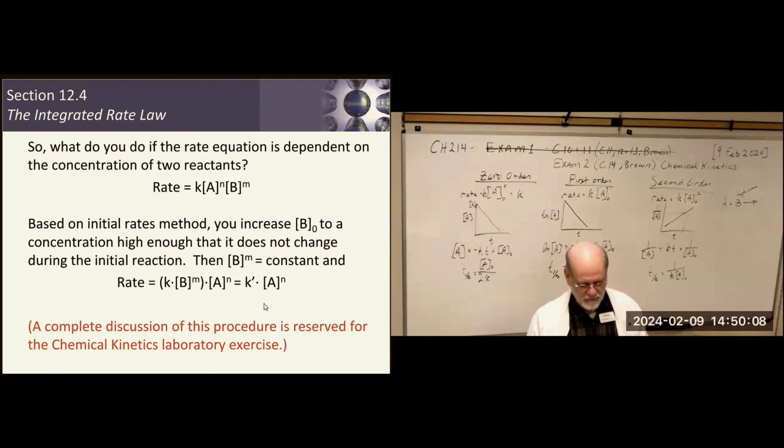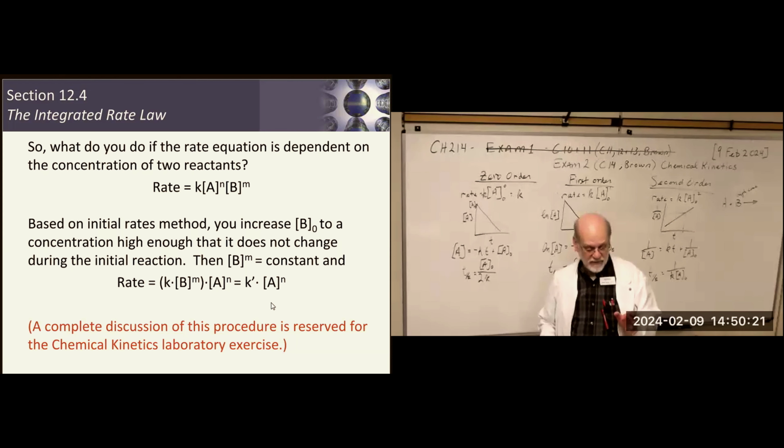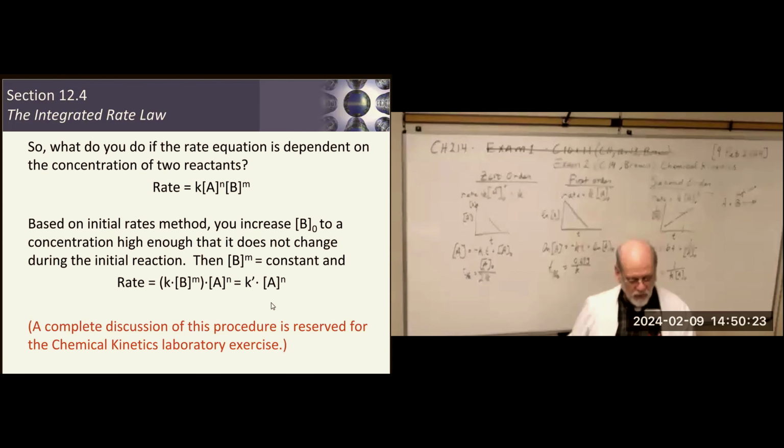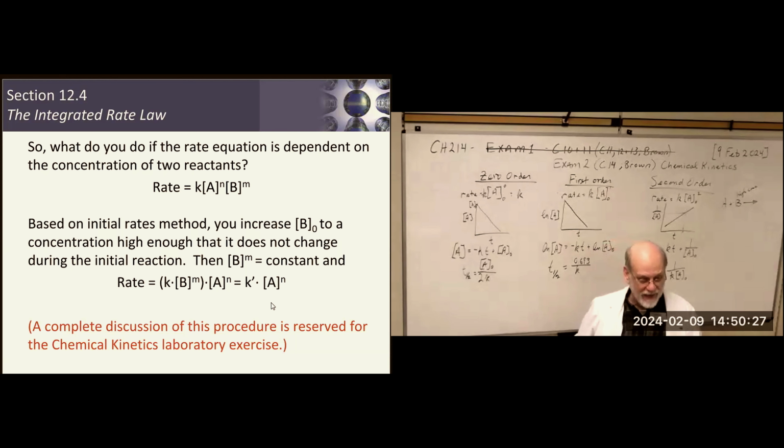Yeah, that's right. A complete discussion is in the kinetics lab. But that's where we're headed. So we can't stop at the K prime. That's not the K we want. So once we find out what the order of A is, then we go back and do another experiment with a different concentration of bleach and determine what the rate is for that one.